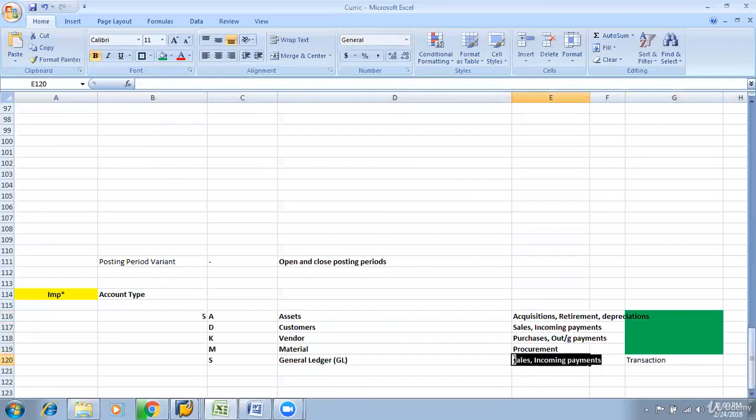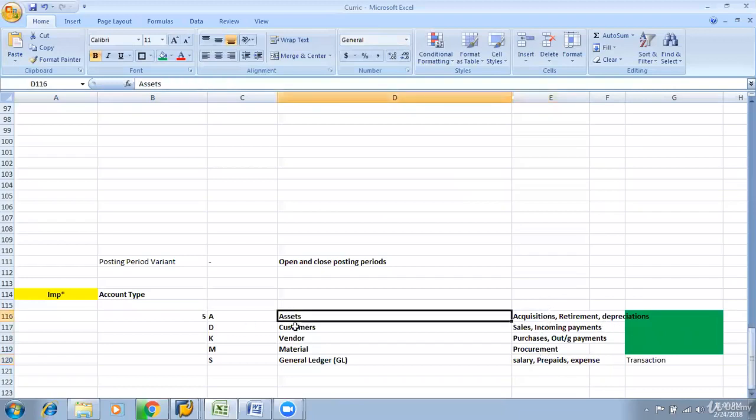I can say salaries, which do not fall under either assets, customer, vendor, or material. Next, prepaid booking or an expense booking does not fall under any of the above. Correct? So this is what I said: any transaction which does not fall under any of the above 4 categories falls under general ledger.